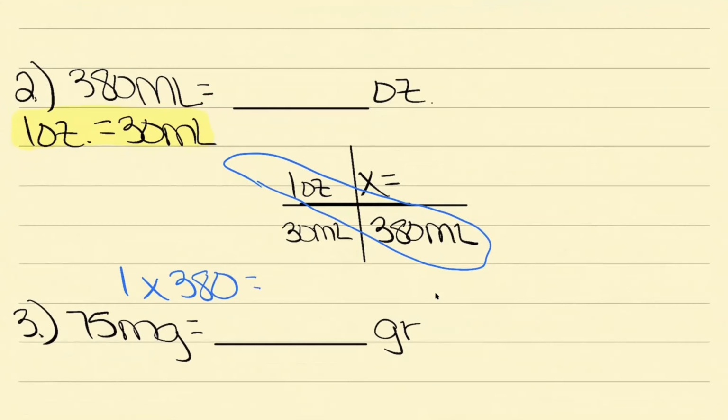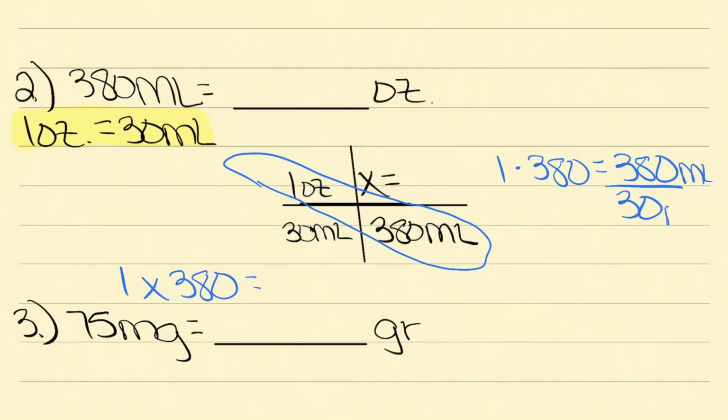I probably should do it like this. And remember I said you divide by the only other value you have left. So I've already used 1 and 380, so I have 30 milliliters left. So 380 divided by 30.